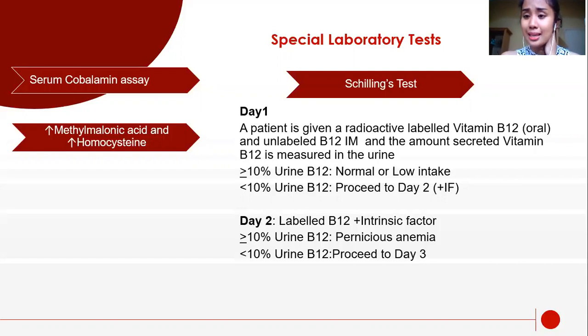What's good about Schilling's test is you can identify the reason why there is malabsorption of vitamin B12. So, simulan natin. On day 1, pumunta yung pasyente sa hospital or sa laboratory. A patient is given a radioactive labeled vitamin B12 orally. After an hour, an unlabeled vitamin B12 is injected intramuscularly. Bakit ganito?